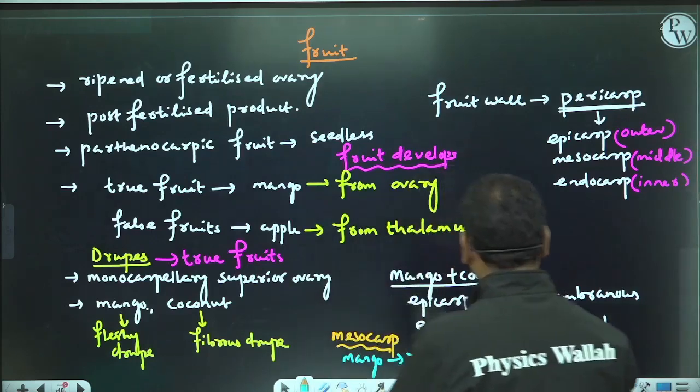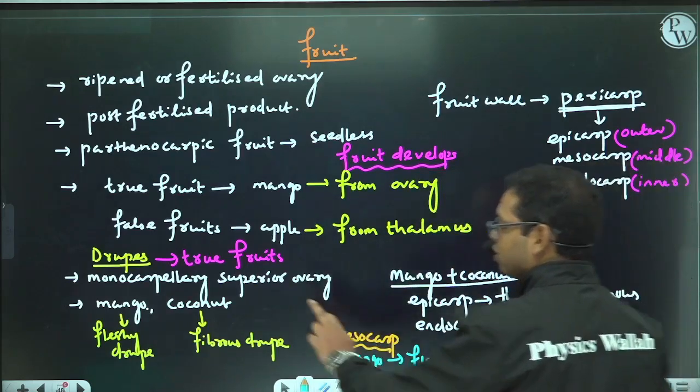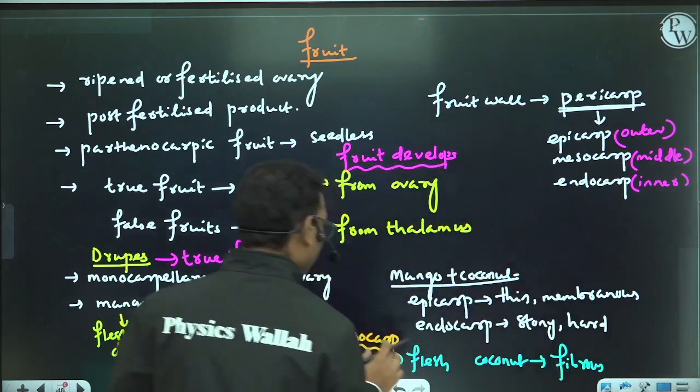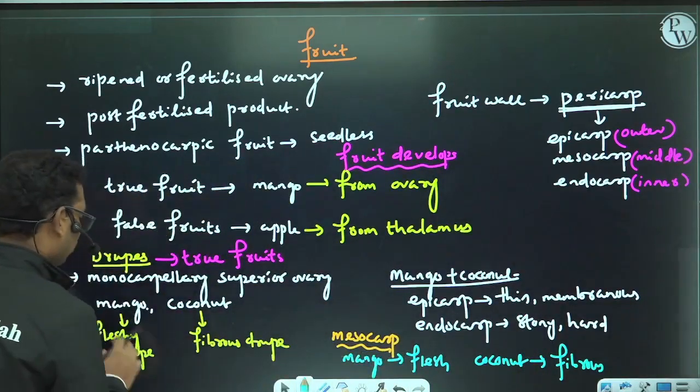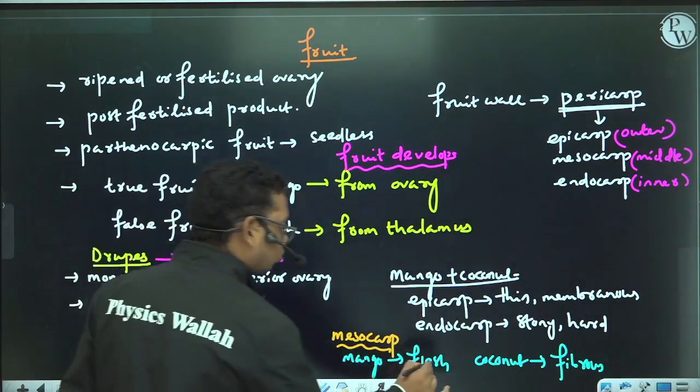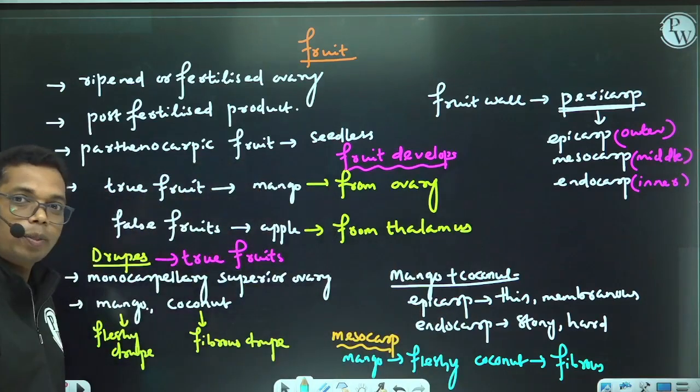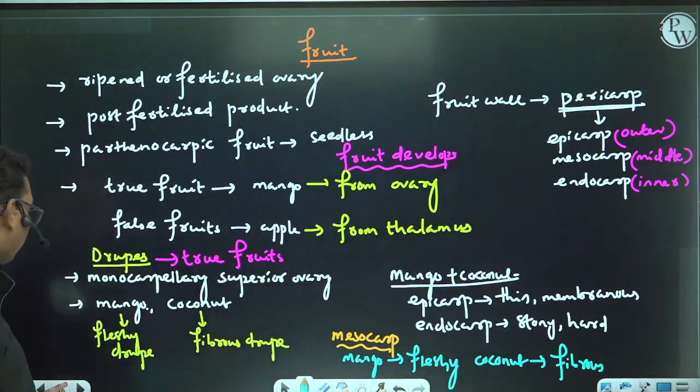Because in coconut the mesocarp is fibrous, we call this fibrous drupe, and because in mango the mesocarp is fleshy, we call this fleshy drupe. Okay, so this is about fruit.